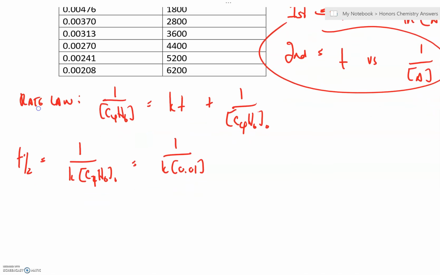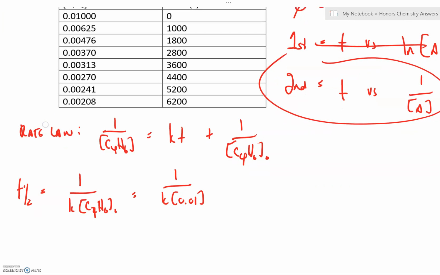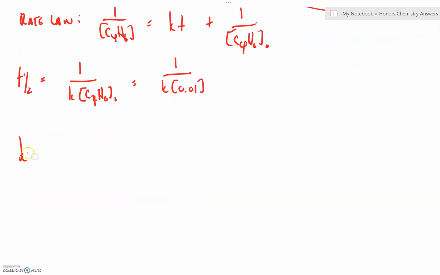So what we're going to do is solve for k. Now, I already showed you how to solve for k using this rate law, and we're going to do it that way, and then we'll do it by doing what's called a linear regression. So we're simply going to pick a time. How are we going to find k, the value in units of the rate constant?